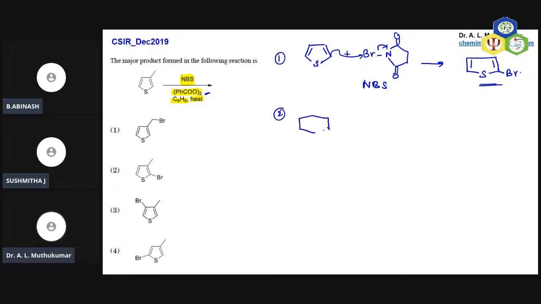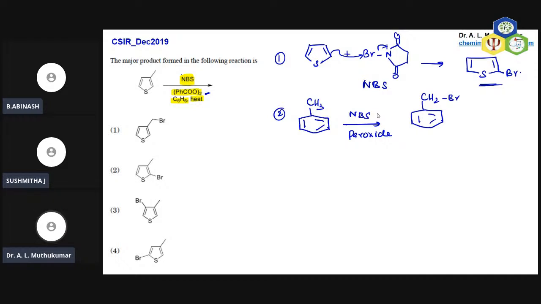You might have studied this reaction in your BSc itself: when you treat toluene with NBS in the presence of some peroxide, it leads to the formation of benzyl bromide as the product. The benzylic hydrogen is simply replaced by the bromine atom.